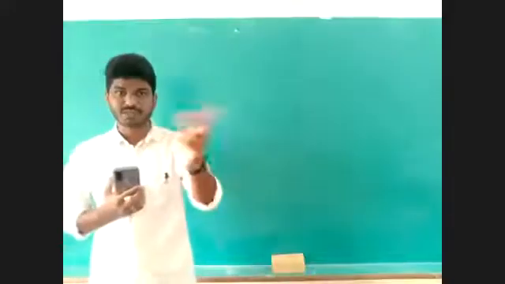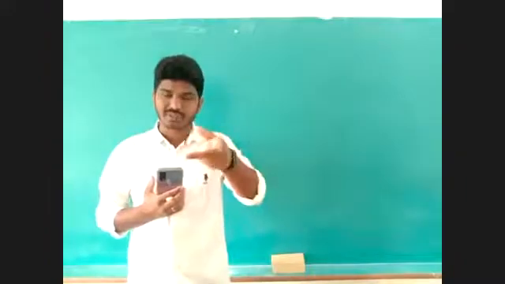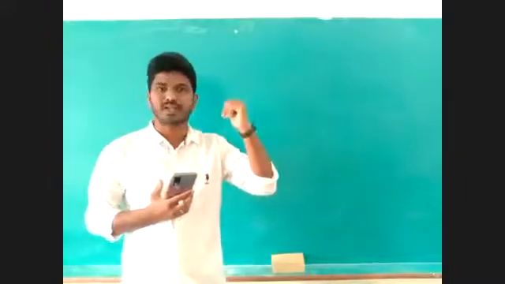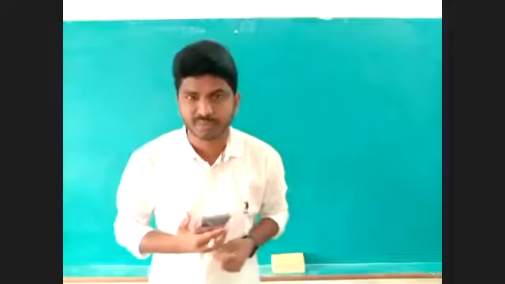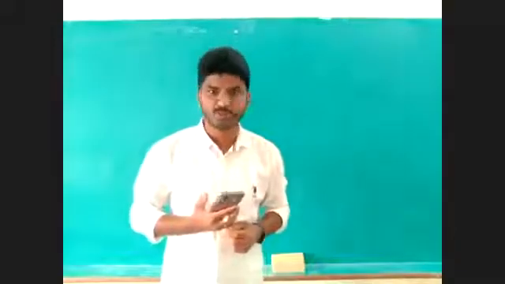In the second bit, they directly gave the sum of the zeros, alpha plus beta, and alpha into beta. In the third bit, they gave the individual values, alpha and beta. Alpha value is 2, beta value is -1. From the two zeros, find alpha plus beta and alpha into beta. Then after finding the sum and product of the zeros, substitute the two values in the quadratic polynomial k into x square minus alpha plus beta into x plus alpha into beta.